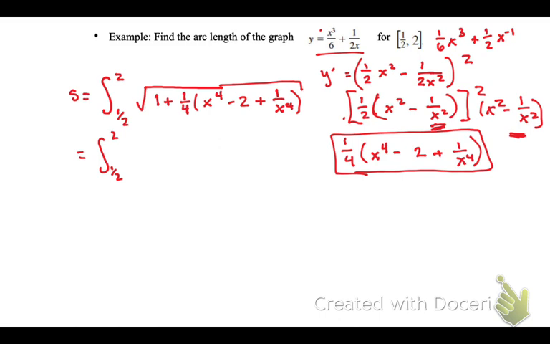So I have the square root of 1 plus 1/4 x to the 4th minus 1/2 plus 1/4 x to the 4th. So 1 minus 1/2 is a half, correct? Yes, 1 minus a half is a half.